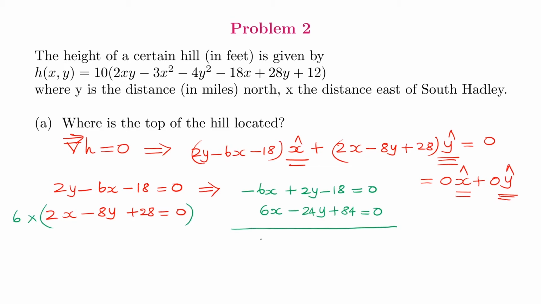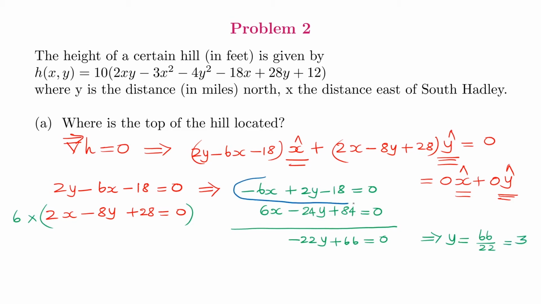When we add these two equations, we get minus 22y plus 66 equal to 0. So this gives y equal to 66 by 22 equal to 3.